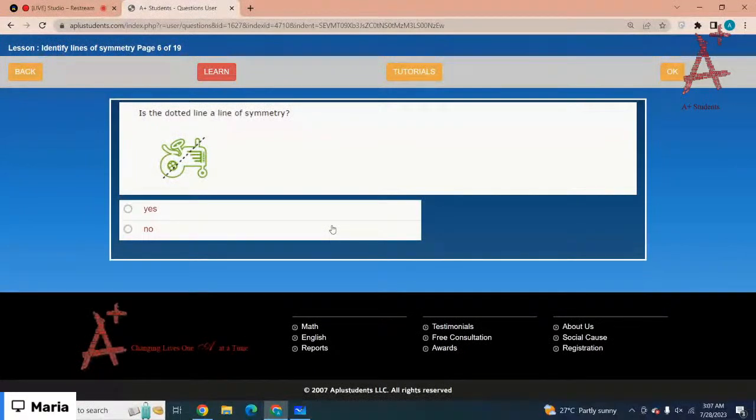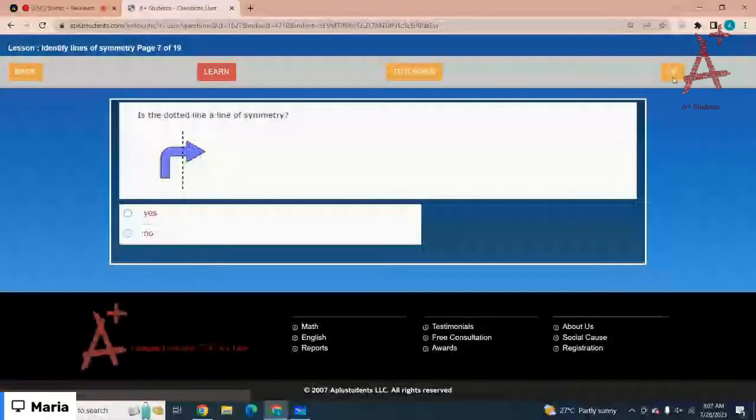So basically, a line of symmetry is where, if you fold the image along the dotted line, the two parts of the image exactly match up.